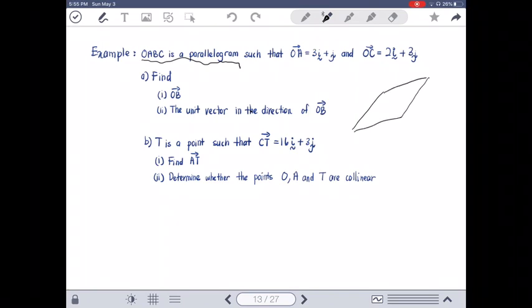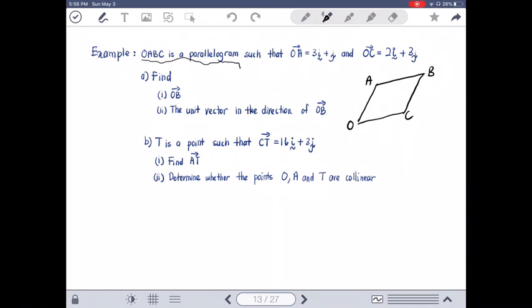And we know that when we talk about a parallelogram, that side should be parallel to the other side. So just take note of those properties. So we have O, A, B, C randomly.